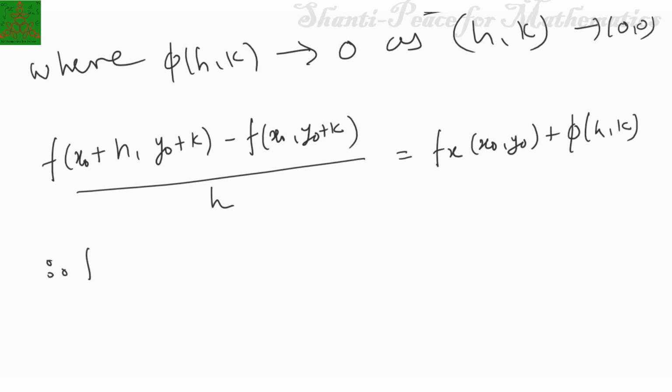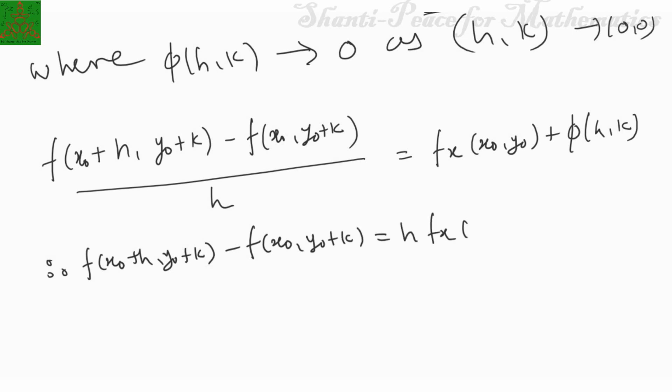That can be written as f(x0+h, y0+k) - f(x0, y0+k) equal to h into fx at (x0, y0) plus h into phi of (h,k). If I call this statement number 4, we use this value of 4 in 1.